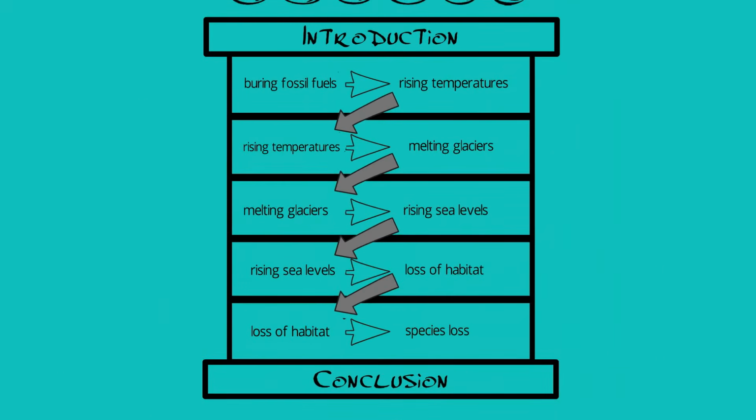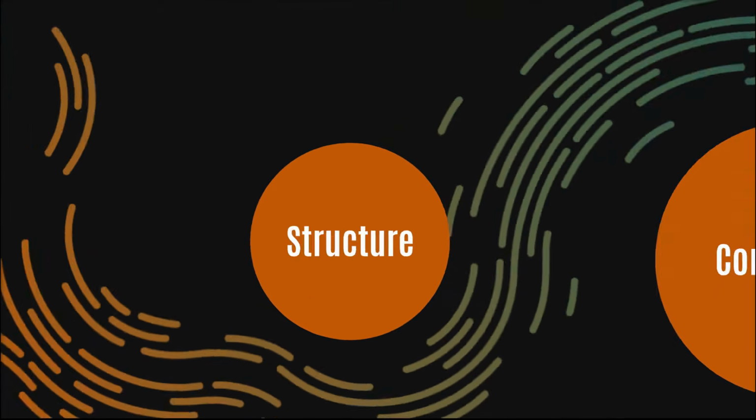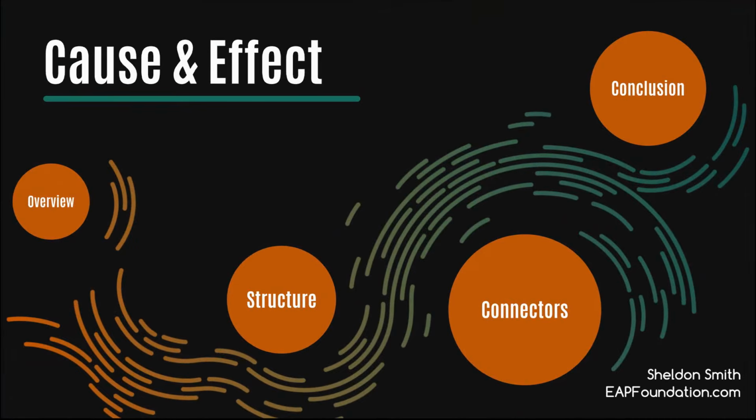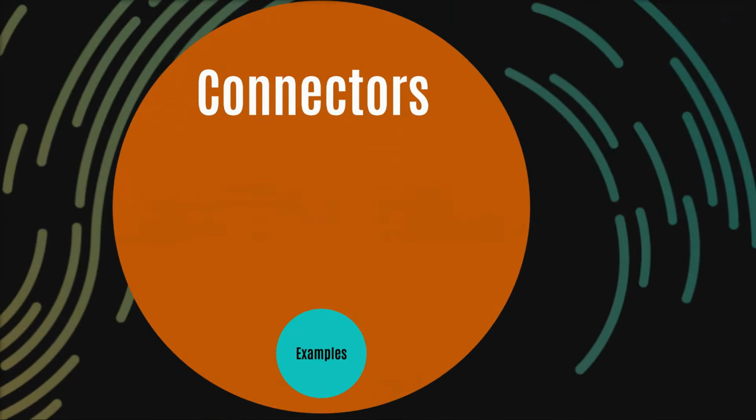So that's the 2 ways to structure a cause and effect essay: block and chain. Let's turn now to look at cause and effect connectors. So what are cause and effect connectors? Cause and effect connectors are structure words or transition signals which show the cause and effect relationship.